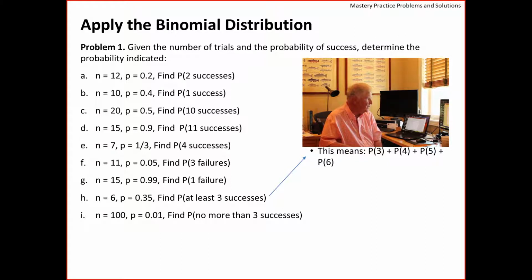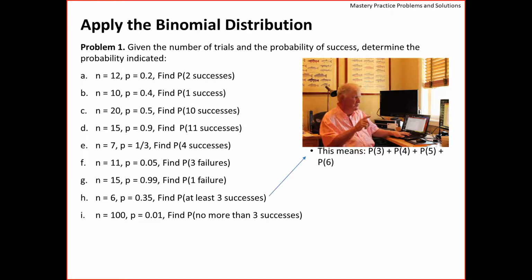So how are we going to treat that? The one way is you can calculate P3, write it down. Calculate P4, write it down. Calculate P5, calculate P6, write them all down, add them all up. You're good to go.